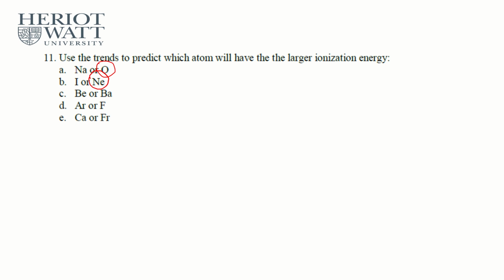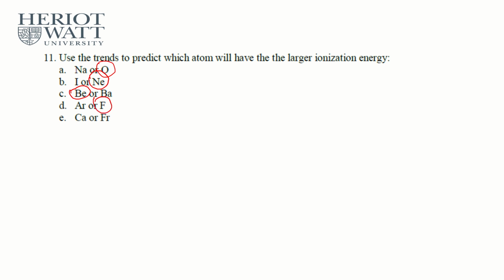Next, beryllium and barium. Beryllium and barium are both in the same group, so beryllium should have less shielding effect. Beryllium. Argon and fluorine, definitely fluorine. Fewer shells, lower shielding effect.